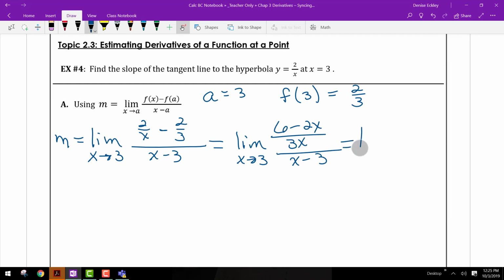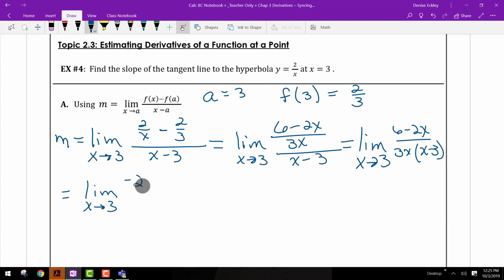Simplifying that fraction, I get the limit as x approaches 3 of (6 minus 2x) over 3x times (x minus 3). And again, if this derivative exists, I should be able to have a factor of x minus 3 in the numerator. So I am going to factor out a -2.